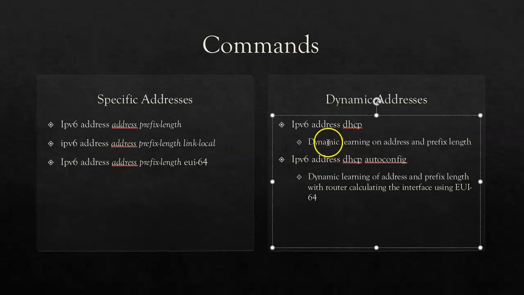I can get the address from the server, or I can use autoconfig, which will allow the DHCP server to tell me the prefix length and the address prefix, and then use the EUI64 process to actually create the other half of the address.